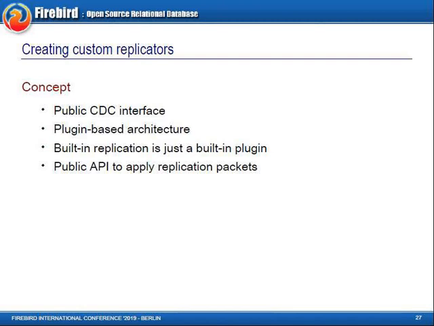Replicated changes are not firing triggers on the replica side. I didn't speak about that yesterday, but it works in the native Firebird replication, or if you use that API yourself. And multiple different optimizations are also possible to ensure that the changes are being applied really fast and efficiently.